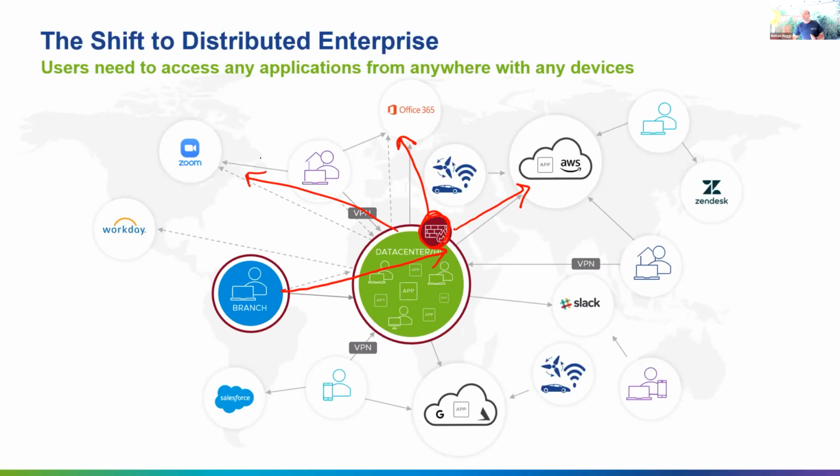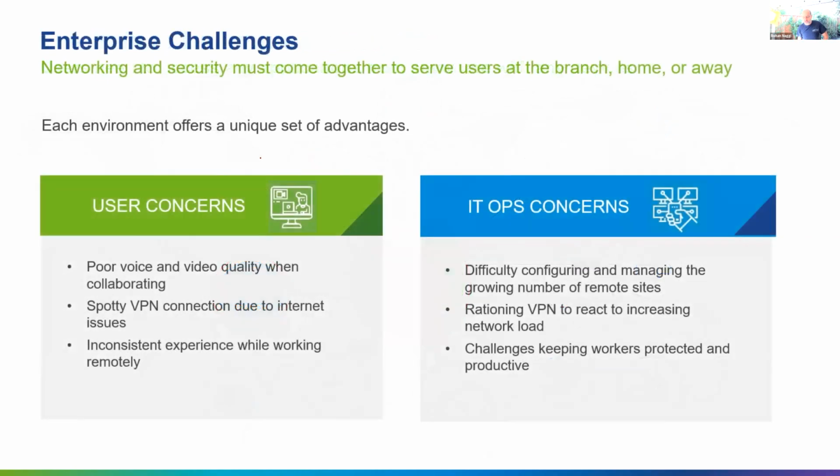Is that an optimized way to access these SaaS applications or the internet, when I can go directly from the branch to the internet or SaaS application in a secure and optimized way? And that's where SD-WAN and security come into play. So this shift needs to happen. This is not an optimized way.